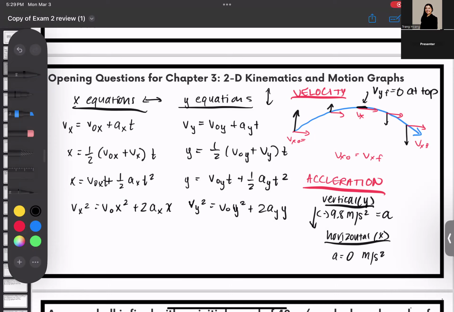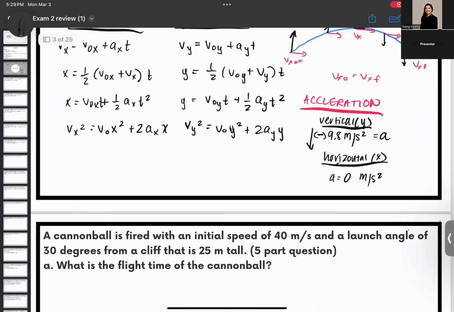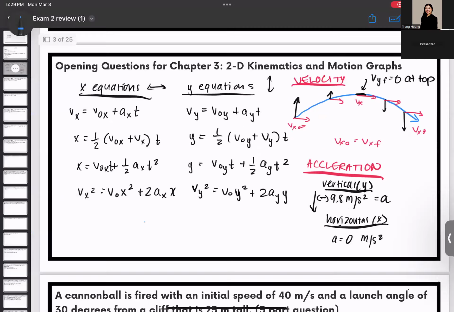These are important things to look at and understand conceptually before we start solving these problems and breaking them down. With that being said, that was a really brief review. One more component I'm going to review is our position and time graphs, which you've already done.